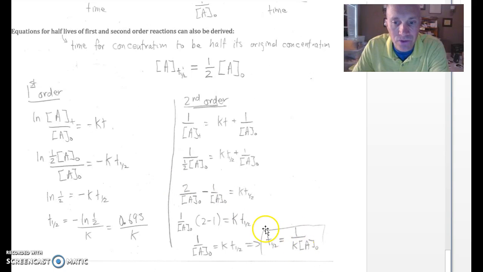But for a second order equation, if you have a more concentrated original reaction, we're going to have a larger number in the denominator, which means the overall half-life is going to be smaller. So the more concentrated it is, the shorter the amount of time it takes to get to the concentration where it's half of the original. Hopefully that makes sense.